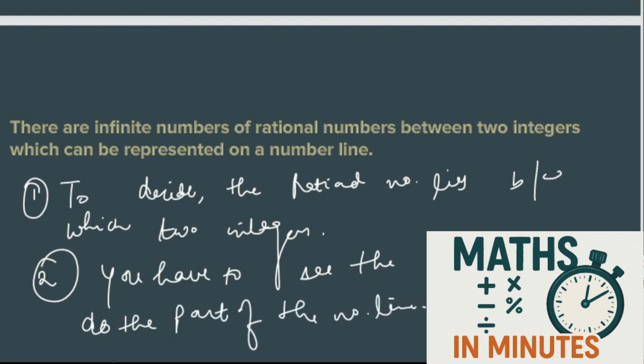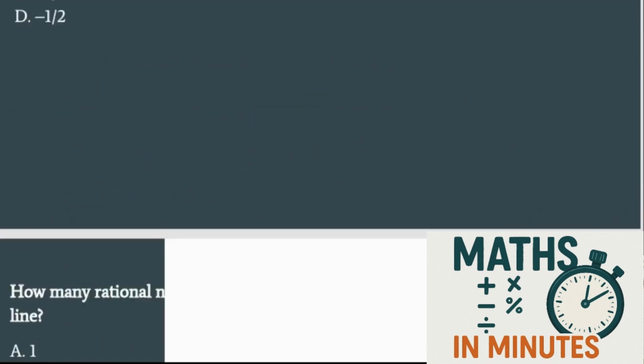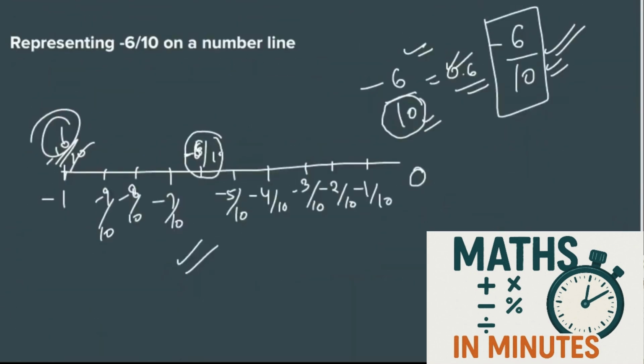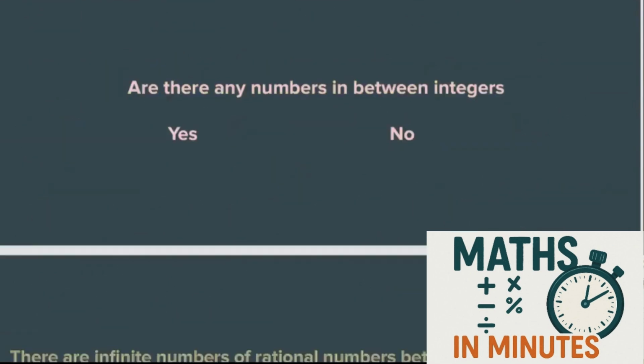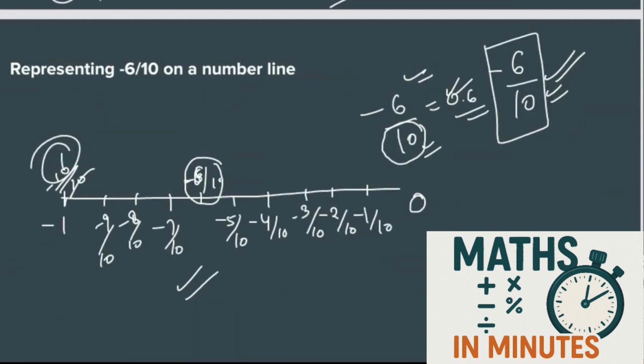Right? And then you have to mark the required point. These are the steps of marking a number on the number line. Let's take one more example for better clarity. Let's take a number.